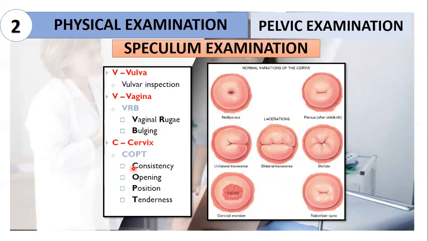That would be the consistency of a non-pregnant cervix. For those who are pregnant, the sensation will be the same as when you feel your lips. So your lips would be that of a pregnant patient, and the tip of your nose would be that of a non-pregnant patient. Remember that.